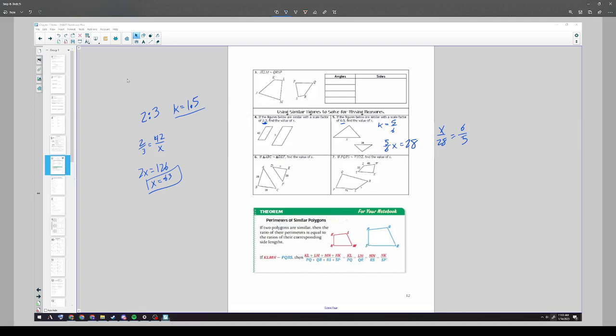Either way, I get the same thing. Like what I've written over here and here are equivalent statements. If I just multiply some things, I end up with the same thing either way. So I get x equals 28 times 6 over 5. So that's 120 plus 48, so 168 over 5.